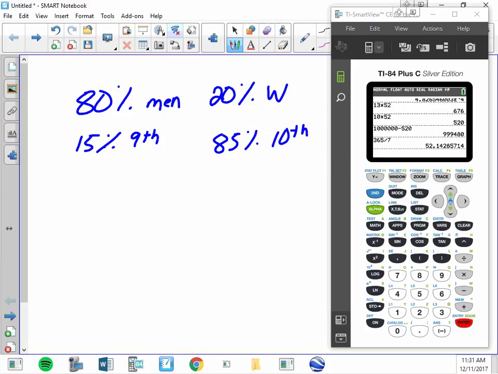And the question is asking, the percentage of sophomore women in the class can be as small as... So we want to find 10th grade women.